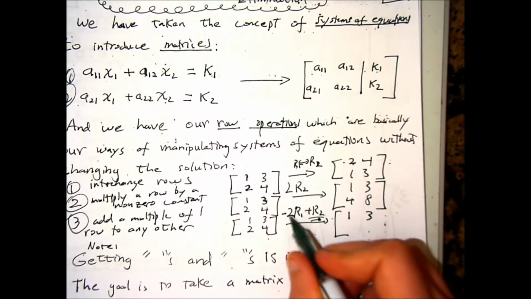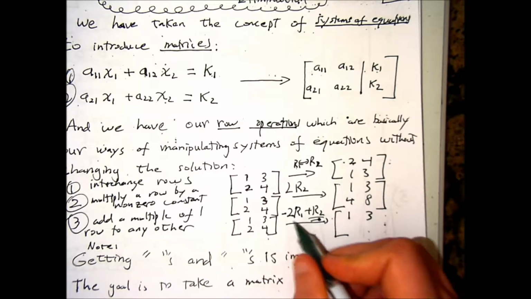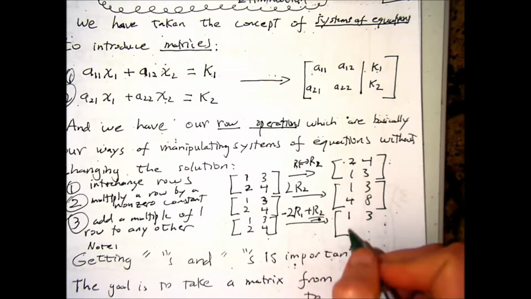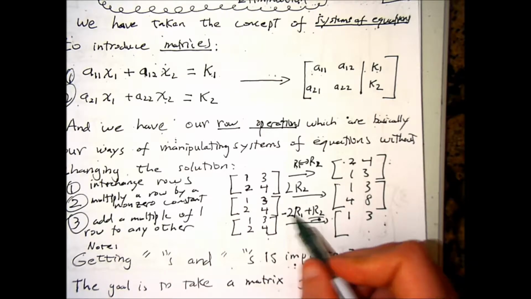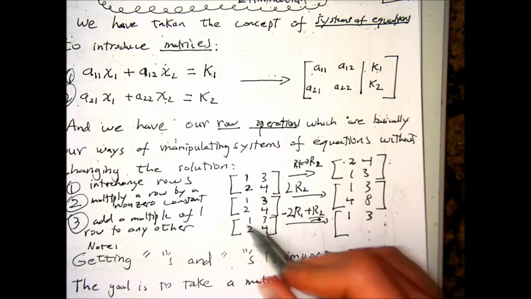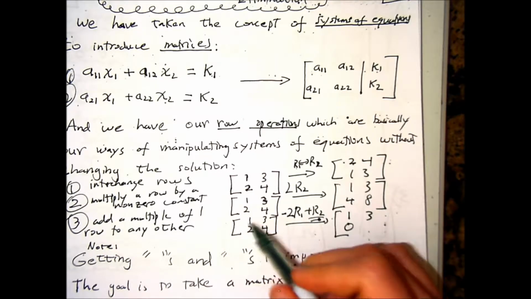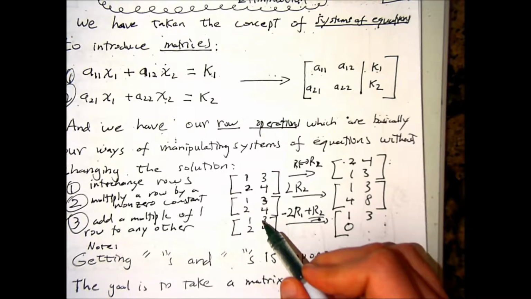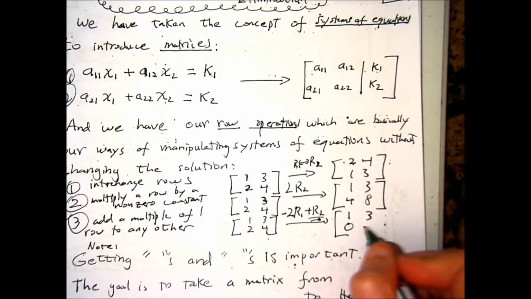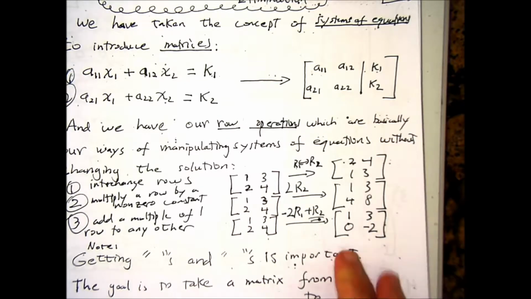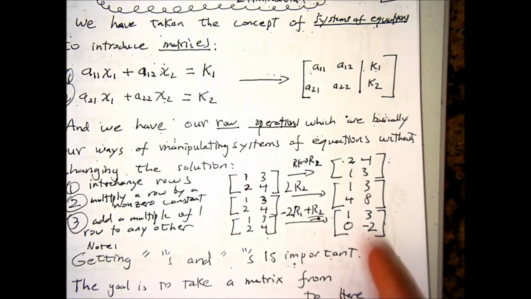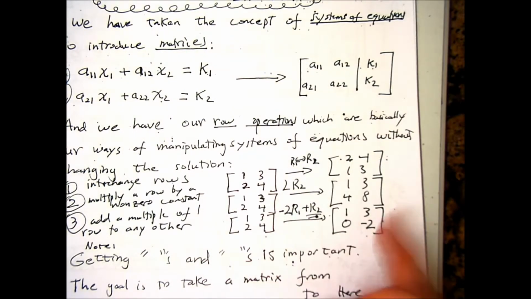The second one I wrote in this operation is row 2, so that's the one that changes. So negative 2 times row 1 is going to give me negative 2 plus 2 is 0. Negative 2 times 3 is negative 6 plus 4 gives me negative 2. So these two matrices are row equivalent, these two are, and in fact all these matrices are row equivalent to each other.